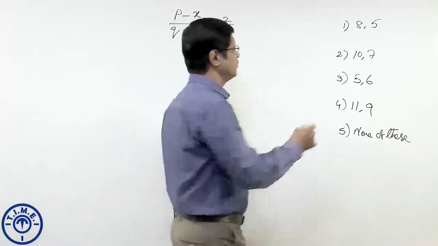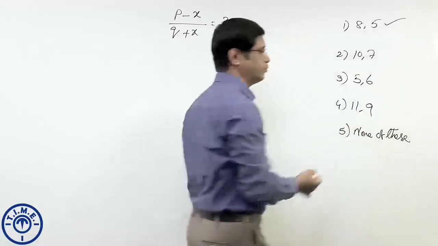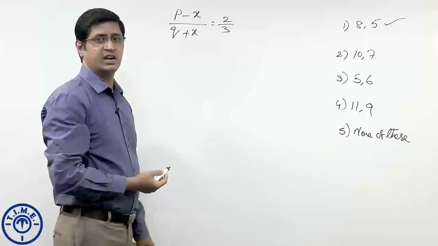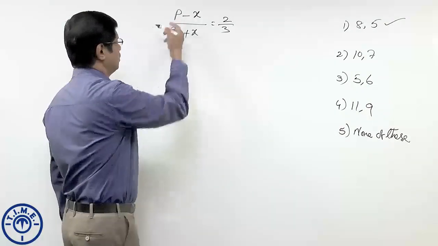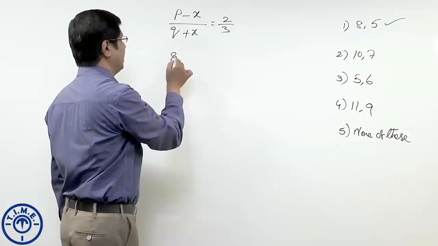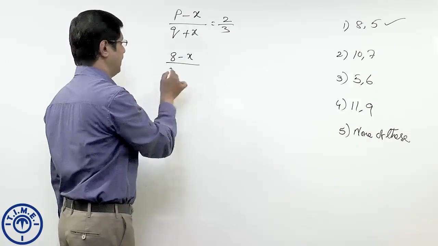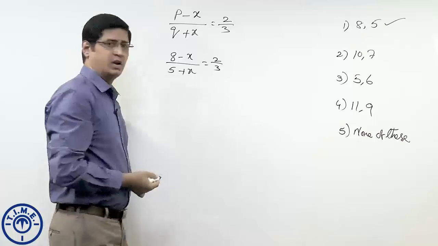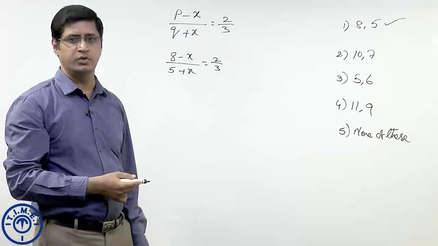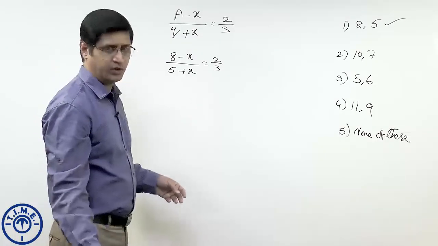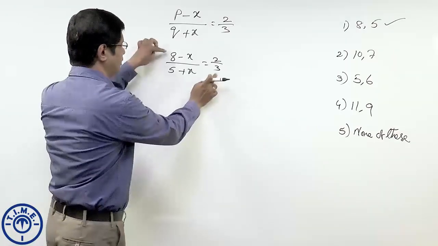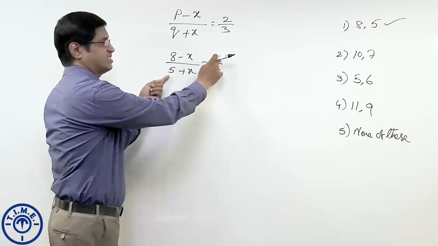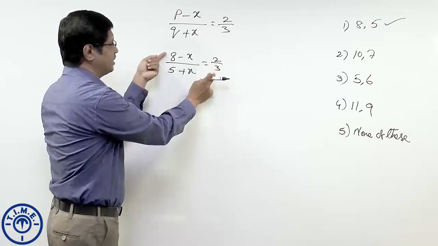Now, let's try with the first option, 8 and 5. When you substitute 8 and 5 here, what do we get as x? So, (8 minus x) by (5 plus x) is equal to 2 by 3. By cross multiplication, we simplify. 8 into 3 is 24 and 2 into 5 is 10.